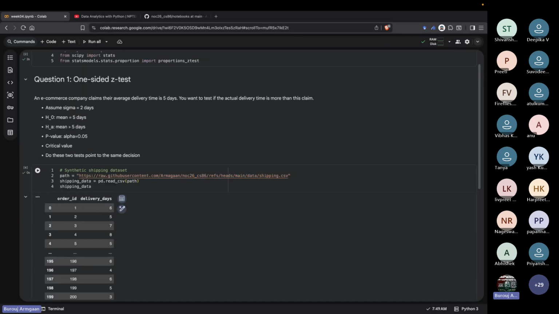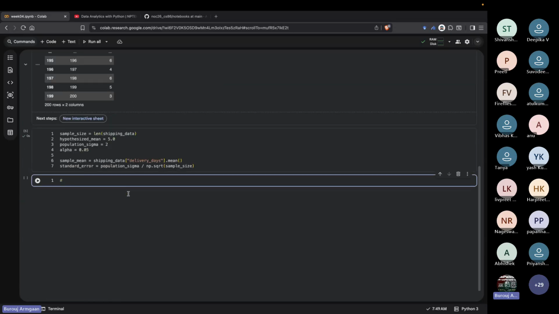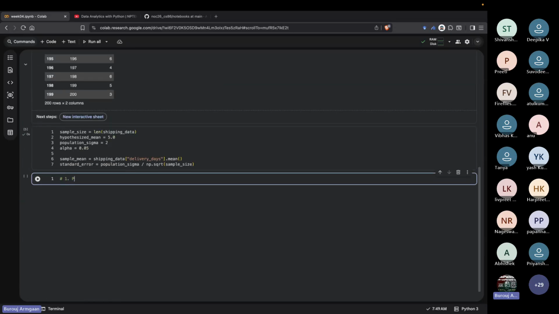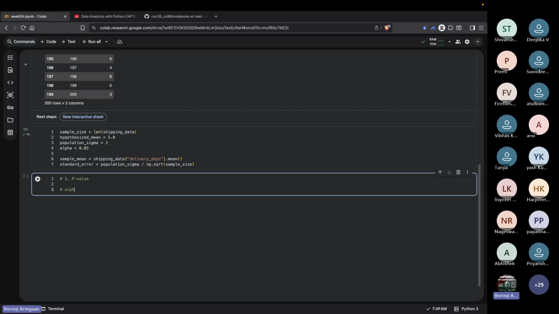So now we would like to do it in two ways. First would be the p-value approach. To use the p-value, what do we need? The first thing is, given the alpha, we would like to know the z-stat, which we already have, and then we would like to calculate the p-value using scipy dot stats dot norm dot cdf.